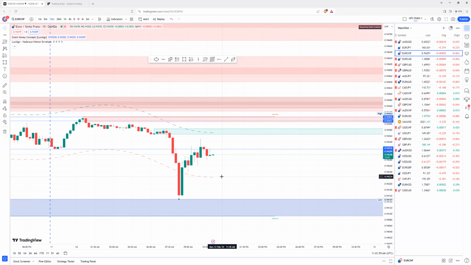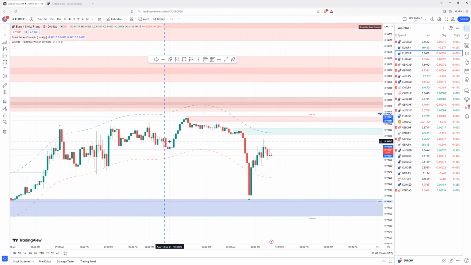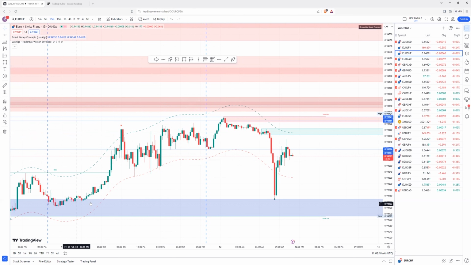Some forex traders use something similar to this to take their trades, because this really made this whole move come down and make that pullback. They believe these areas are very strong. I hope you do understand that part.